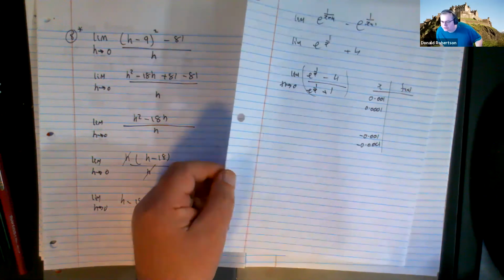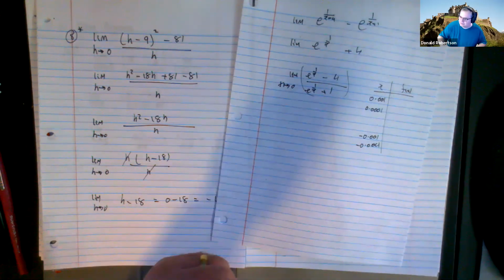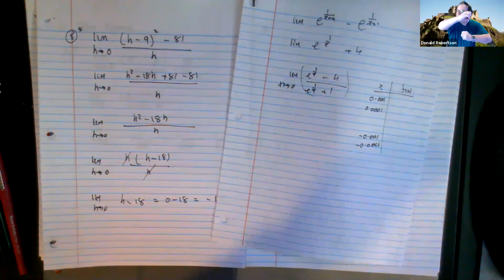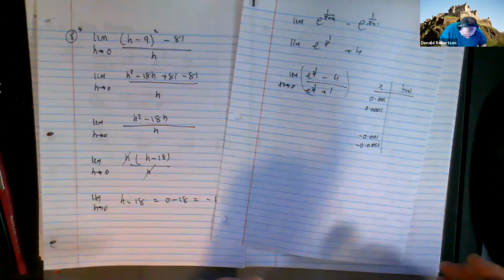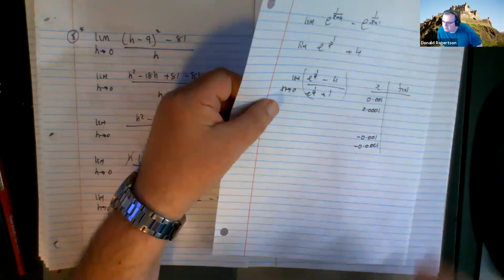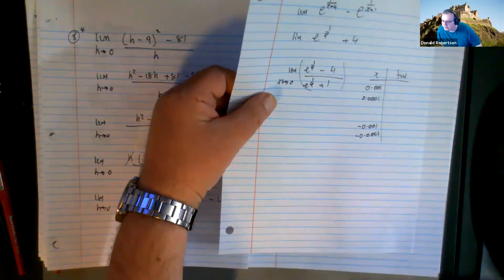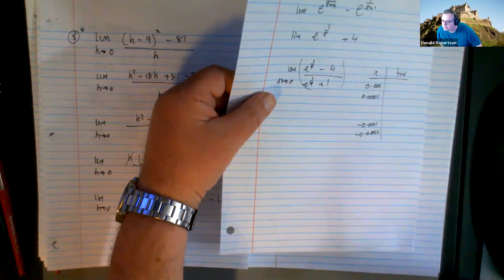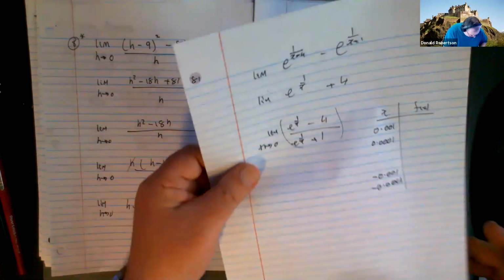If you come in from the right-hand side, the answer is not the same number as if you come in from the left-hand side. I haven't done the numbers, but I've got a gut feeling that it doesn't have an overall limit, just a left and a right that are different numbers.